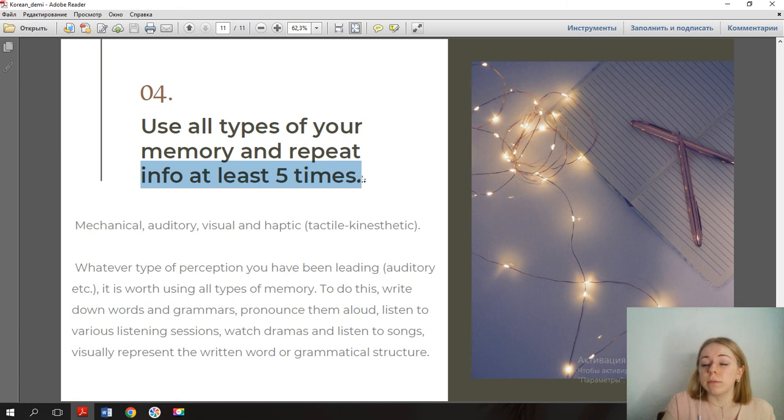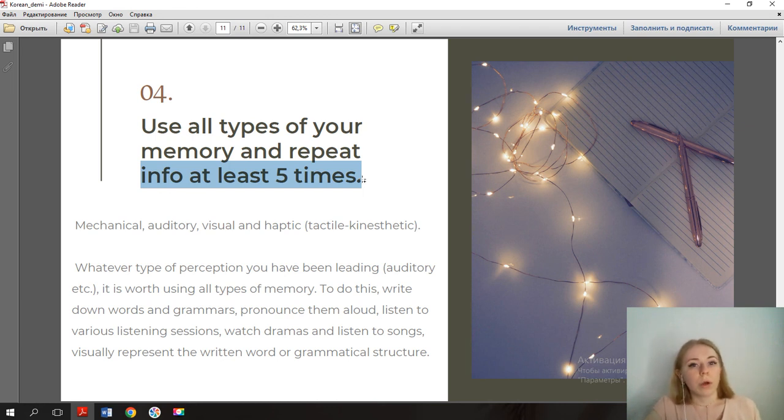If I repeat it a second time I will remember 40%. If I repeat it again and again, I will remember 60, 70 or 100%. So the most important thing when you're studying some new information is to repeat it at least 5 times.